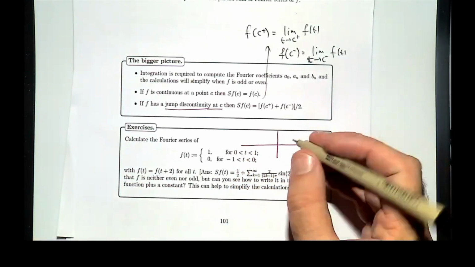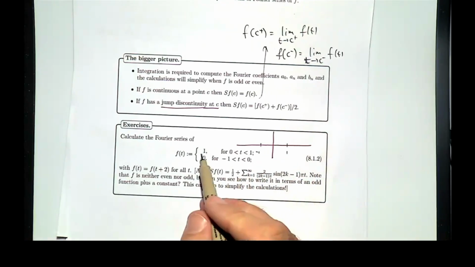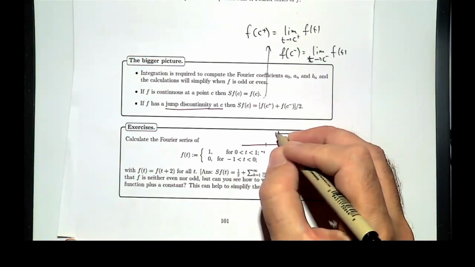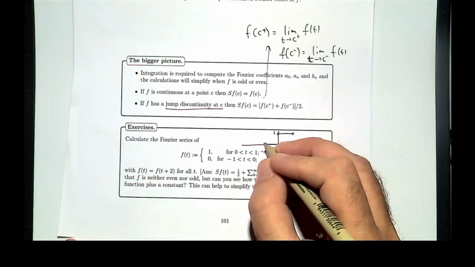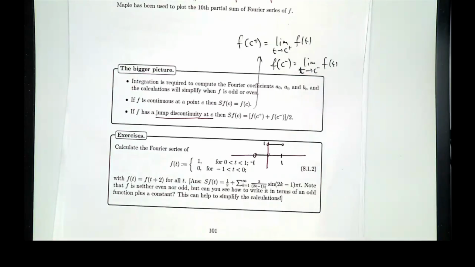Okay, so it's 1 here, and it's 0 here. So that's our function. Now, notice our function isn't defined at all the points in that interval.